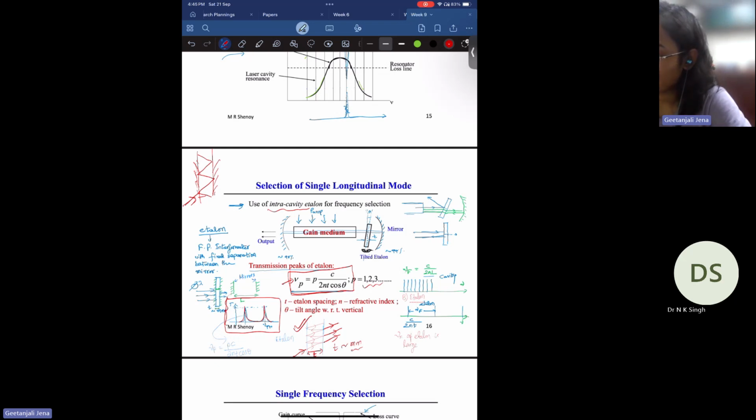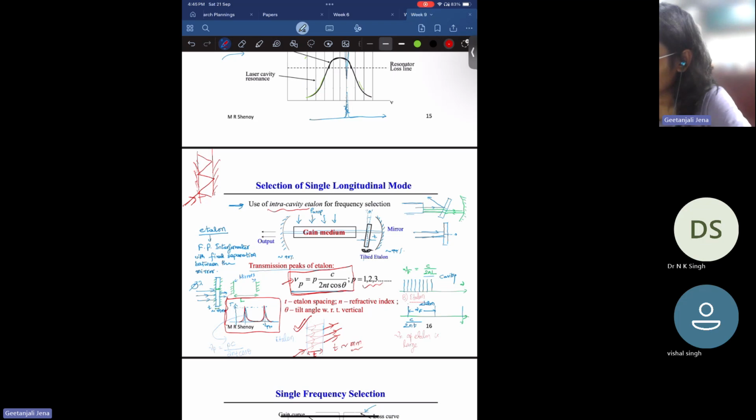This indicates that the free spectral range of this Etalon will be larger than the free spectral range of the cavity. If you see the spectrum, these peaks are more widely separated. That is why we take an Etalon for this system.